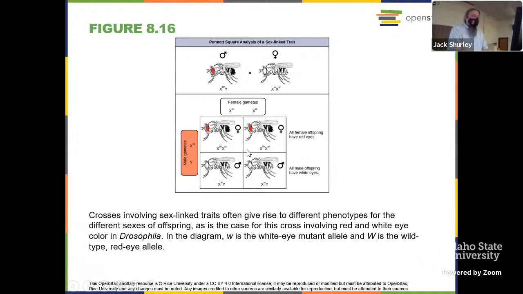So this is showing a sex-linked trait, and it's definitely more common when we look at males versus females, because you only get one X, only one of those copies. In a female with two, there is a possibility of being heterozygous, and that's definitely more likely than being homozygous recessive: 50% odds of being heterozygous and 25% chance of being homozygous recessive.